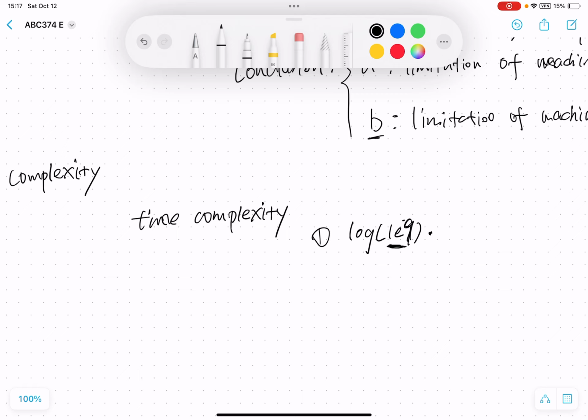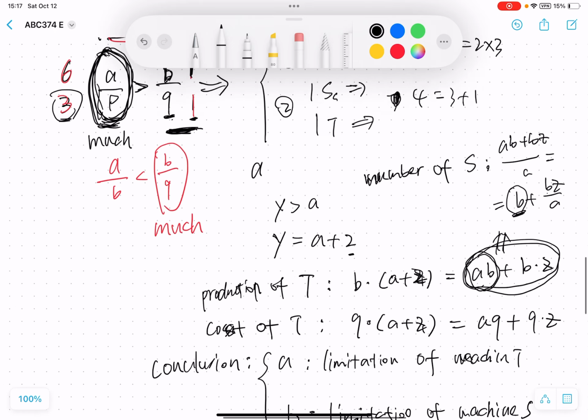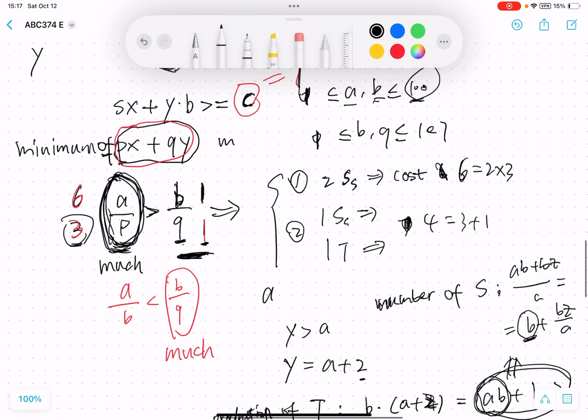Second thing, we need to check every process, because if you want to produce a whole product, you need to produce every process. That means we multiply n. For every process, the time complexity should be the maximum.